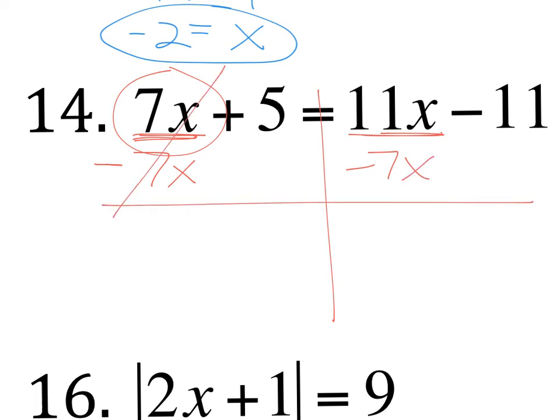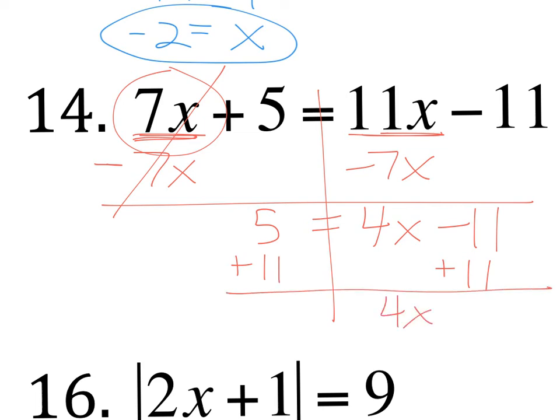That eliminates my x's from one side, and I just have 5 equals 11x minus 7x are the like terms over here. So we get 4x minus 11, add 11 to both sides, and I get 4x is equal to 16, divide by 4, and I get x is equal to 4.